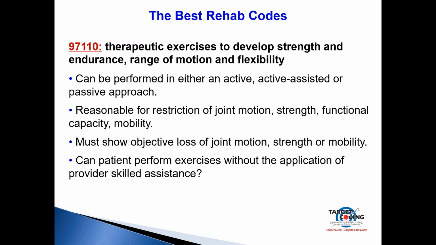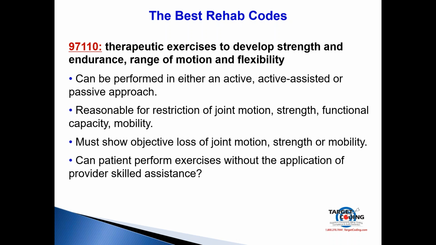Now, can the patient perform the exercises without the application of provider-skilled assistance? This is what I was referring to earlier, the application of clinical skills. Let's take a patient, Mrs. Jones. She comes in with low back pain and low back stiffness, and you want her to perform certain exercises to improve range of motion, to decrease stiffness in her lower back.